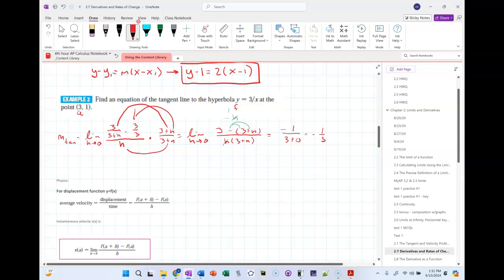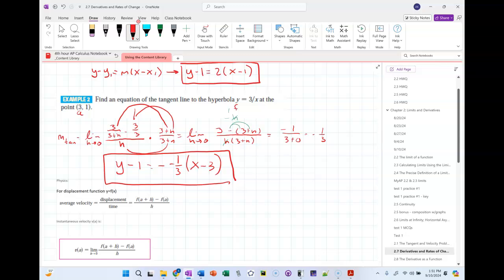And now I'll just have to write my equation for my tangent line. So y minus y1 equals m times x minus x1. You see that I use the point-slope formula almost exclusively, unless they ask for a y equals mx plus b equation. I'm not giving you one because, why would I bother? Cuts down on my algebra. So far, so good. Okay.